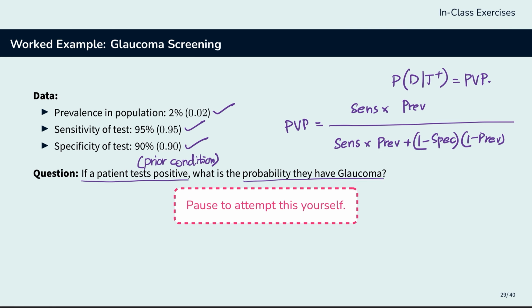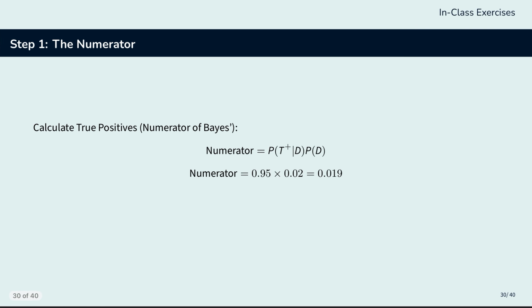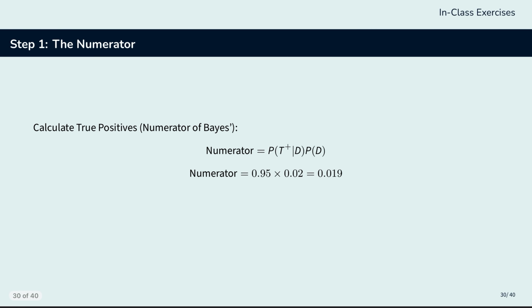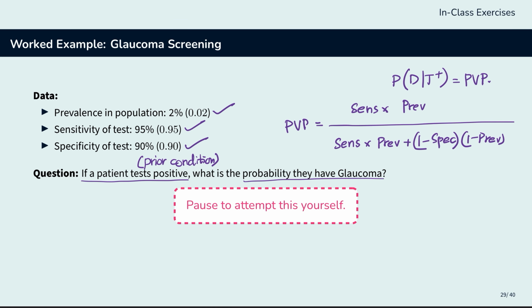All right. So if you want to solve this problem, the numerator here is calculated by calculating the true positive, which you can calculate right here directly. If you want to calculate using the formula, you can just use sensitivity right here, which is 0.95 times 0.02, divided by 0.95 times 0.02 plus 1 minus specificity, which is 1 minus 0.9, times 1 minus 0.02.